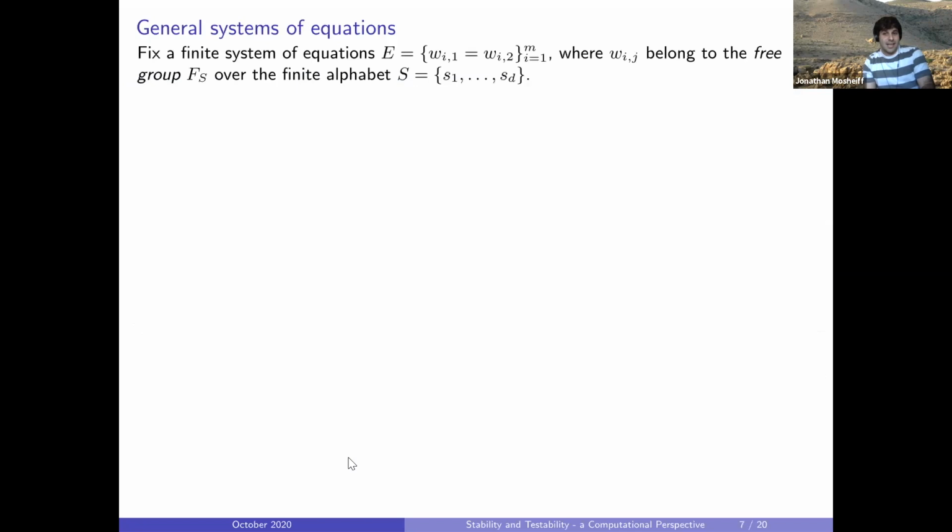And of course, we're going to be interested in general in testing a general system of equations. So the framework for a general system of equations, I'm going to go over this relatively fast, although I'm not going to assume that everyone here knows exactly this framework.